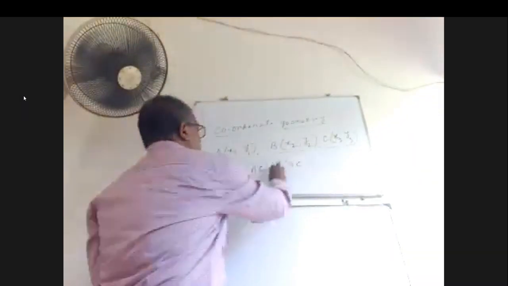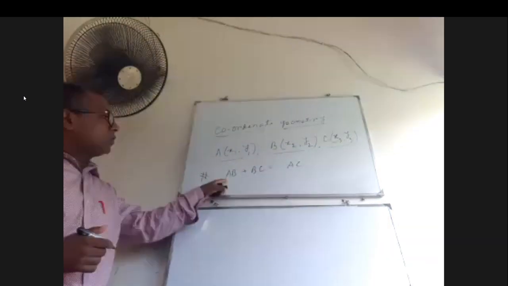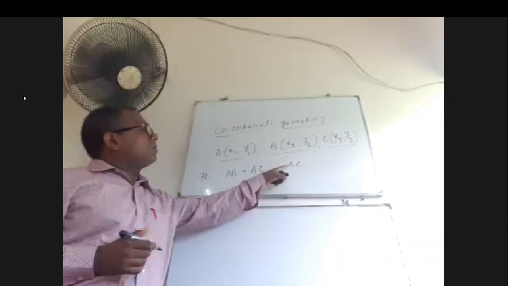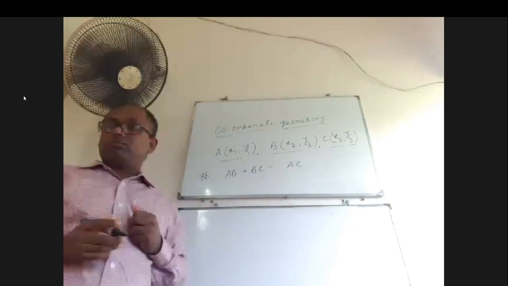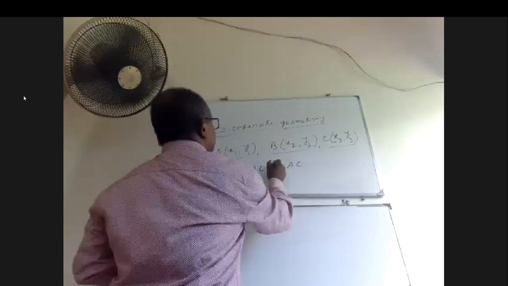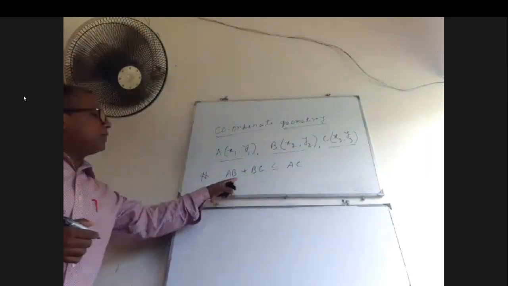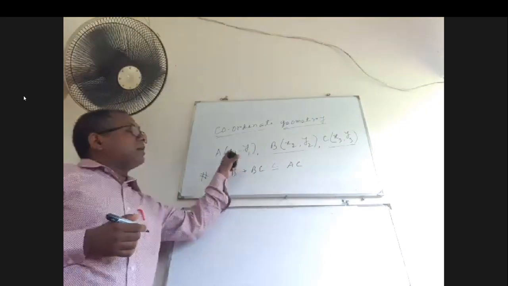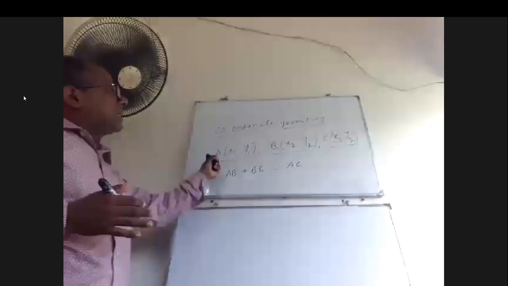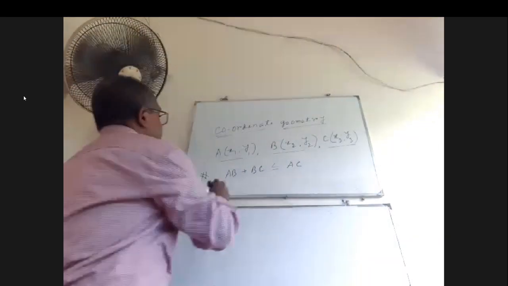But if the sum of any 2 sides is equal to the third or less than the third, then we can't draw the triangle with these 3 vertices.